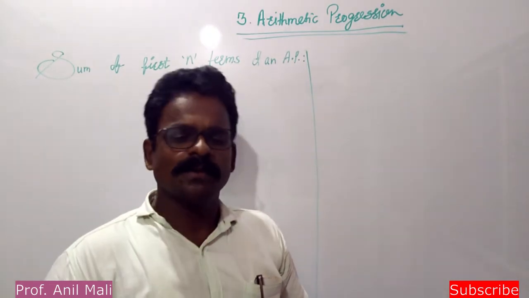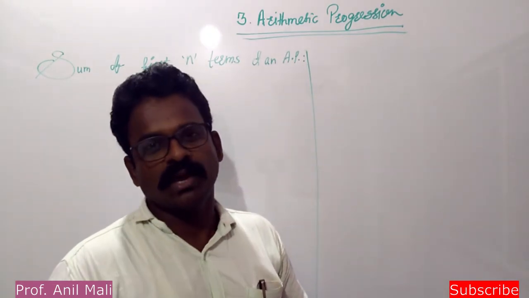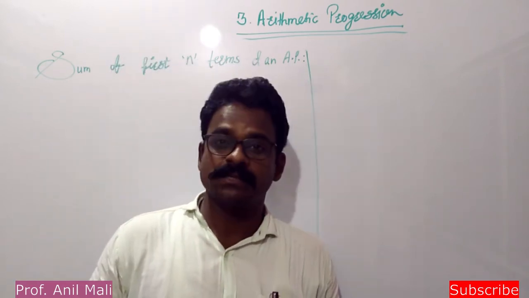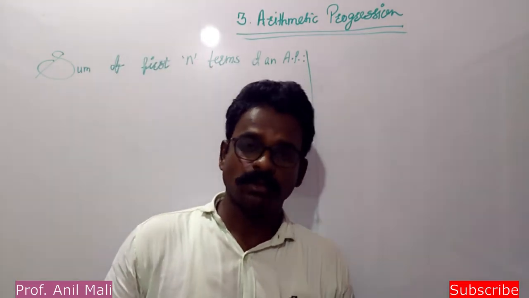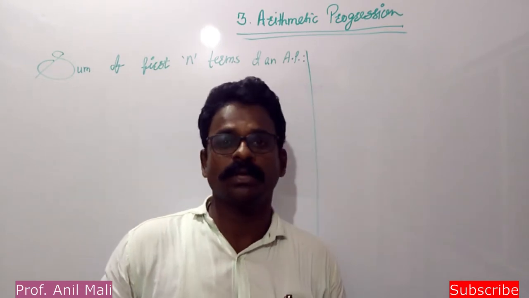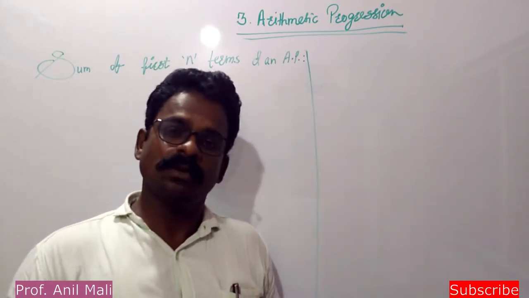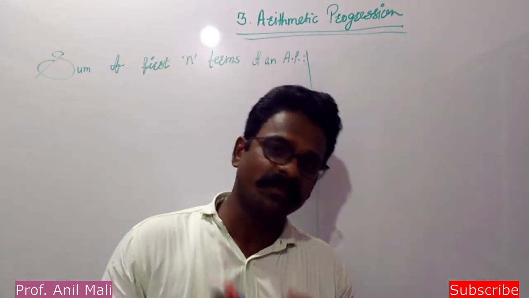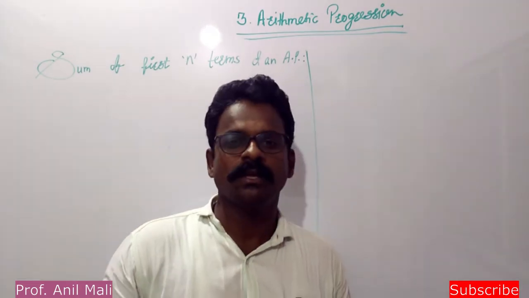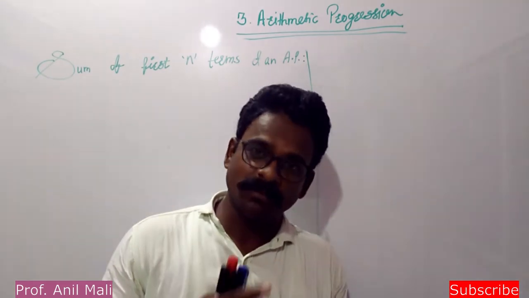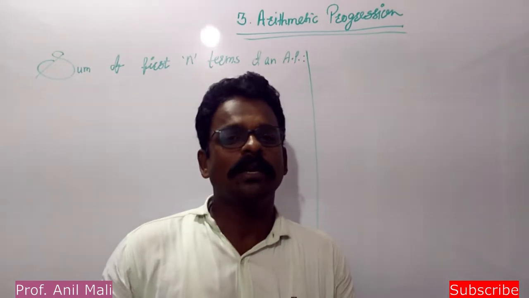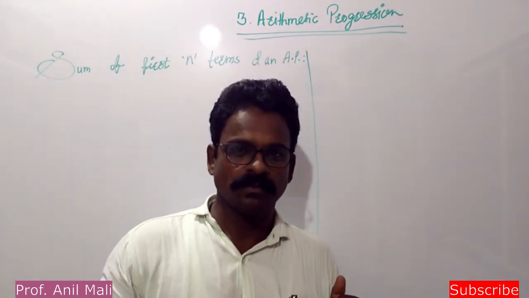The first few concepts which we have completed: what the sequence is, what the progression is, what the arithmetic progression is, what the first term and common difference are. If A and D are given, how can we find the arithmetic progression; if the arithmetic progression is given, how to find A and D. All types of problems we have seen.